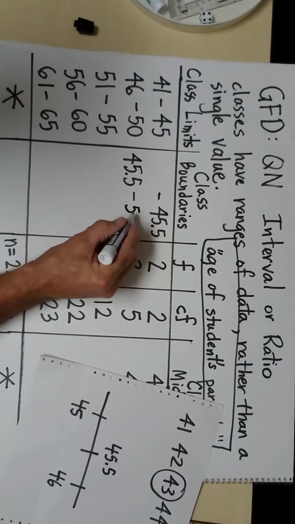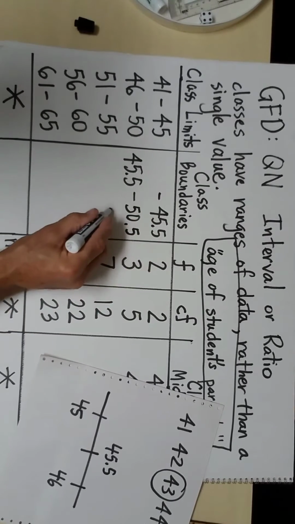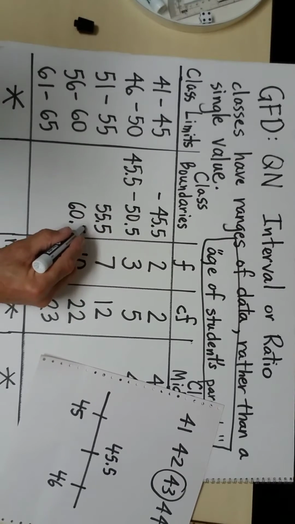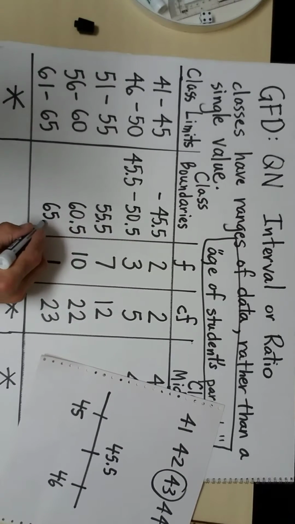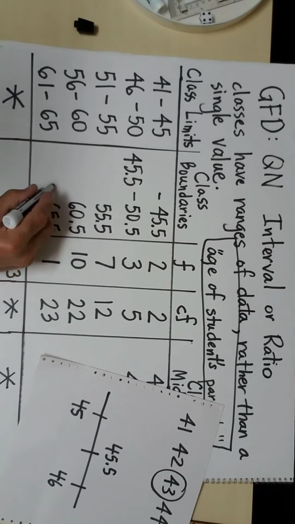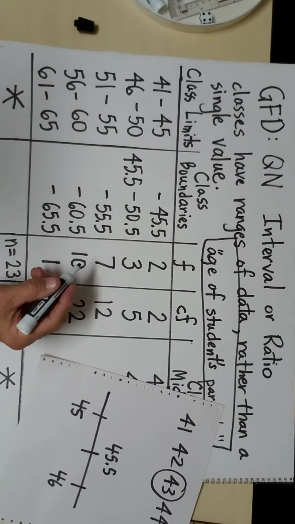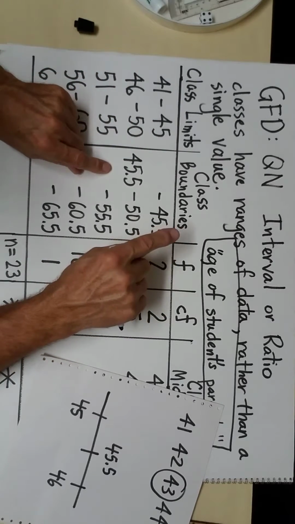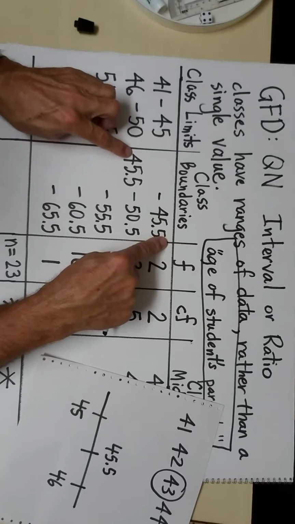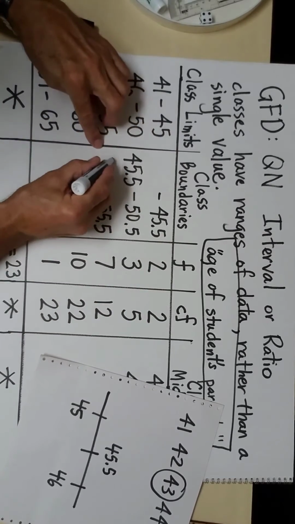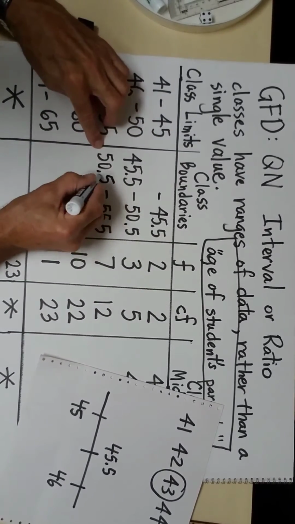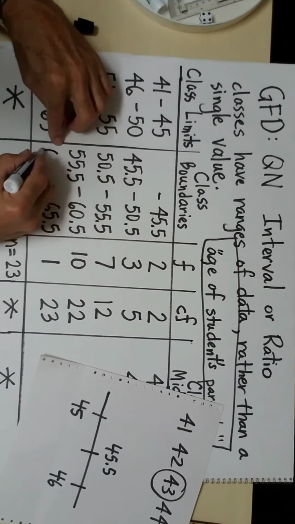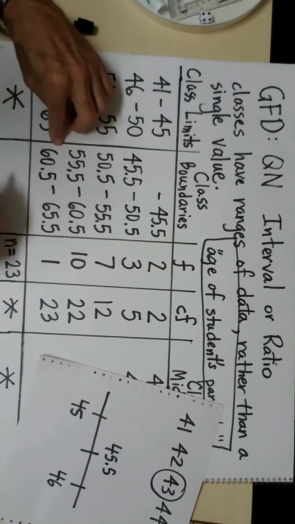All these numbers are 5 apart, so all these boundaries will be 5 apart. I can write 50.5, 55.5, 60.5, 65.5. It's important to notice the upper class boundary here becomes the lower class boundary there. So the 50.5 goes here, 55.5 goes here, 60.5 goes there.